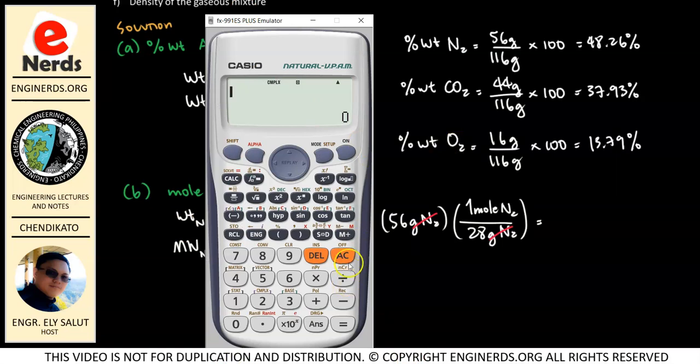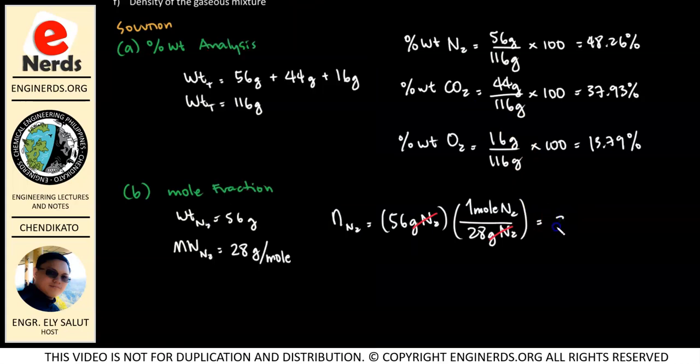So, let us calculate for that. 56 divided by 28. So, we have 2. Okay? So, therefore, we have here 2 moles of N2. And to be specific, we have here gram mole of N2, di ba? So, let us correct that. So, we have 2 gram mole of N2.